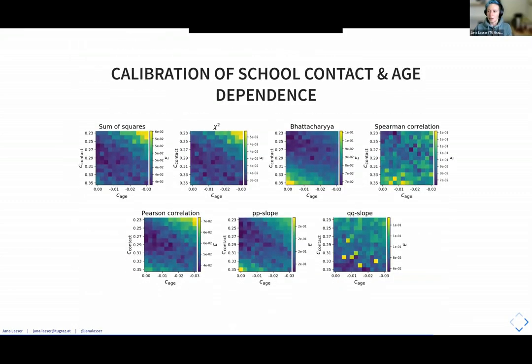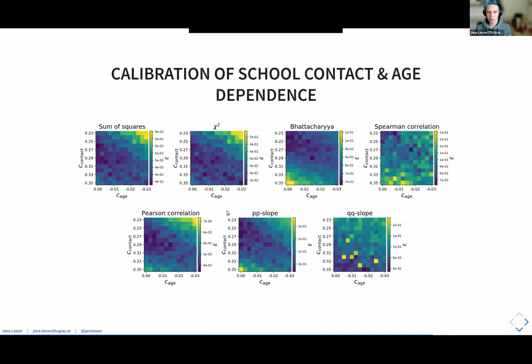And then I consciously left this definition of difference between the observed and simulated characteristics a bit vague, because we actually tested different difference measures. We didn't want our outcome to be dependent on the specific difference measure that we used. So we tested the sum of squares, chi-squared distribution difference.